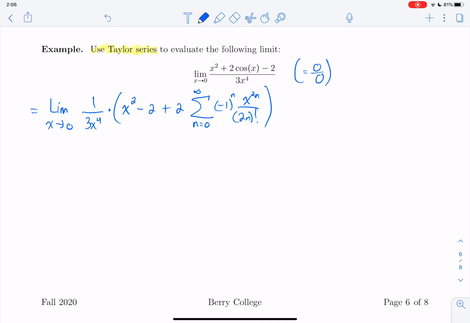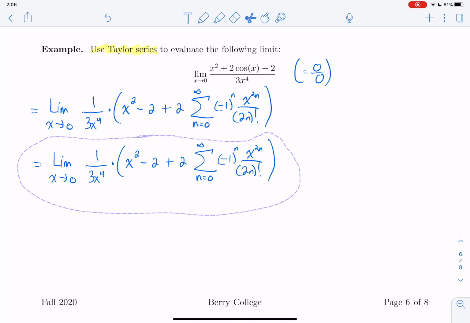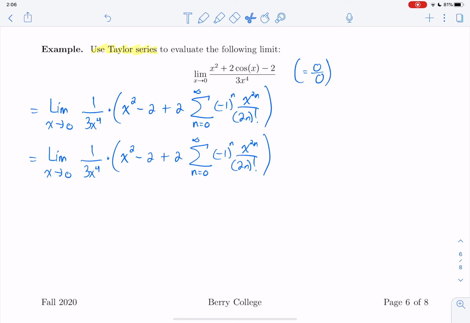I can clean this up a little bit, I can expand this cosine series. So if I just copy this and paste it right here, I'm going to erase this series expansion and actually just write it out.